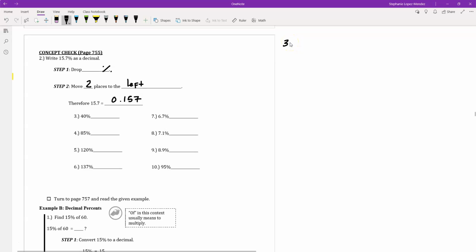We can now work on number 3. We have 40%. In our first step, we drop the sign, so we only have 40. In our second step, we should be moving our point. Since it's a whole number, I can write 2 zeros after just to make it clear and less confusing for us. So we need to move the point 1, 2 places to the left.